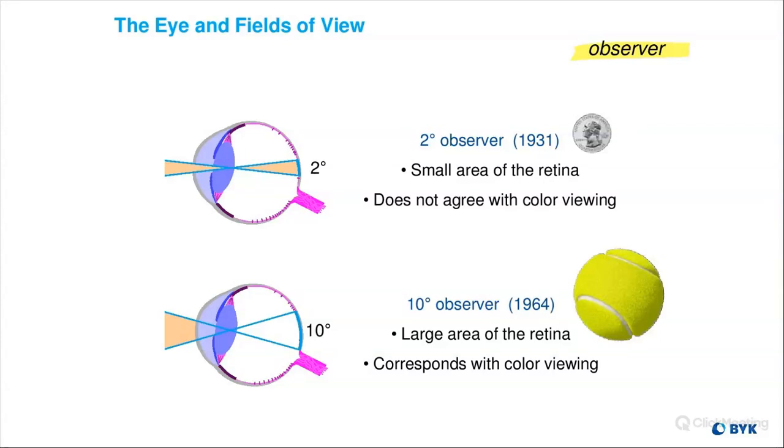They're not going to correlate the same. But if I was looking at something with the 10 degree observer section of my eye, so a larger object, I'm going to get a better correlation if I scaled that up bigger and bigger because it's using a larger section of my eye, if that makes sense.